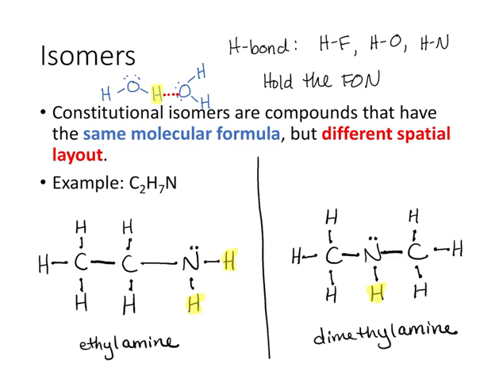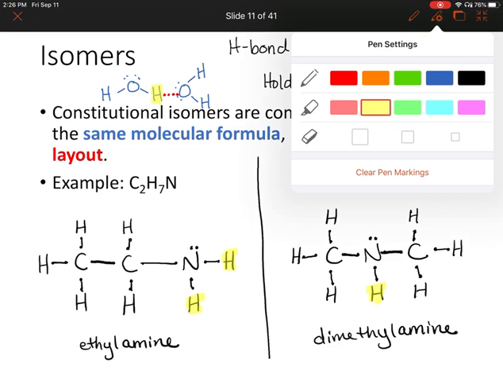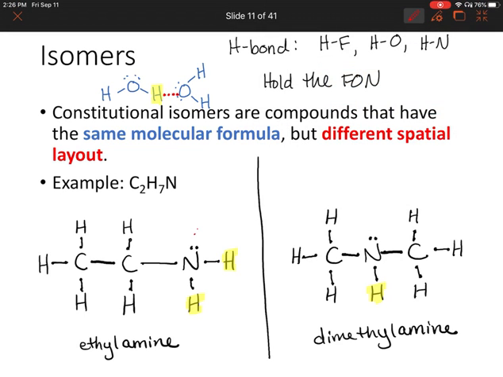Okay, so how many hydrogen bonds could ethylamine make? Ethylamine has 2 hydrogens that could potentially form hydrogen bonds. And we could potentially have a hydrogen from another molecule that forms a hydrogen bond with that nitrogen up there, as long as it's bonded to fluorine, oxygen, or nitrogen.